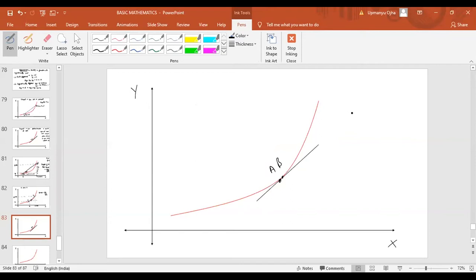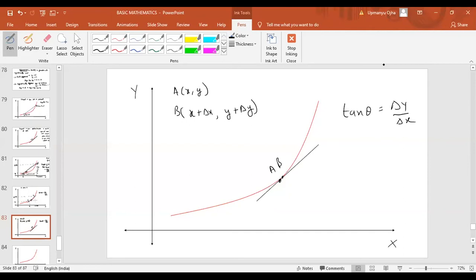Yes, the slope of the tangent, that is tan theta, will again be the same, delta y by delta x, because the coordinate of point A is x comma y, and the coordinate of point B is x plus delta x comma y plus delta y. So these are the coordinates of point A and point B.